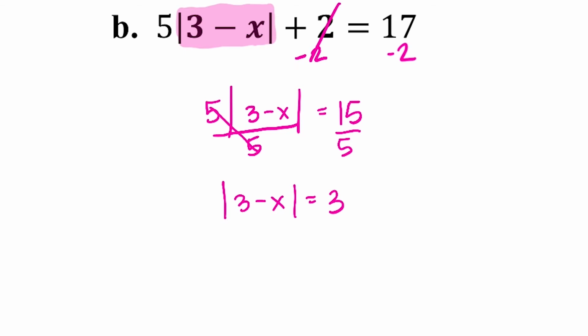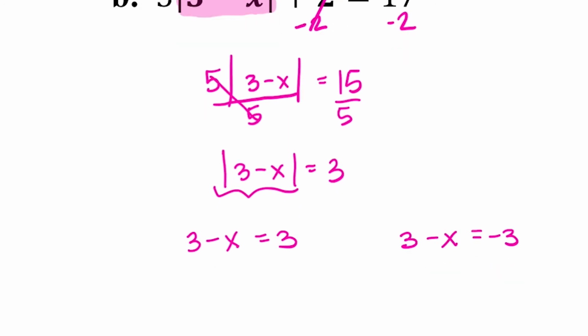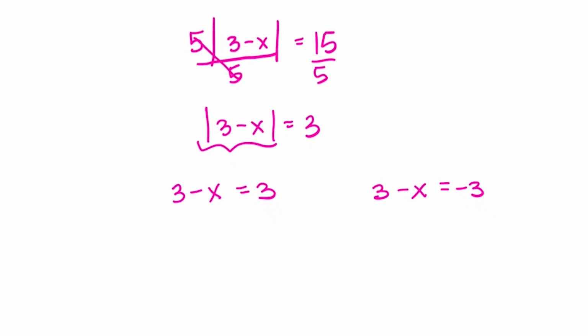Now that the absolute value is isolated, this is saying that the distance from 0 is 3. If my distance from 0 is 3, then I've either gone 3 in the positive direction or I've gone 3 in the negative direction. So we're either at positive 3 or negative 3, and then we'll just solve each of these equations separately. So here, I'll subtract this 3 to the other side, so that's negative x equals 0.